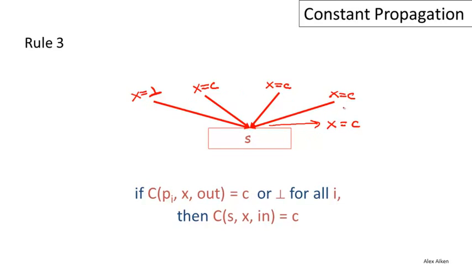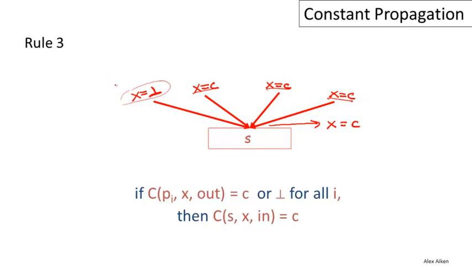And if you think about it for a second, it's easy to see why this is correct. First of all, clearly, if we come along one of the paths where x is known to be the constant c, since they all agree, then when we get to S, x will definitely have the value c. What about the bottom case? Well, remember what that means. That means that this statement is never reached.